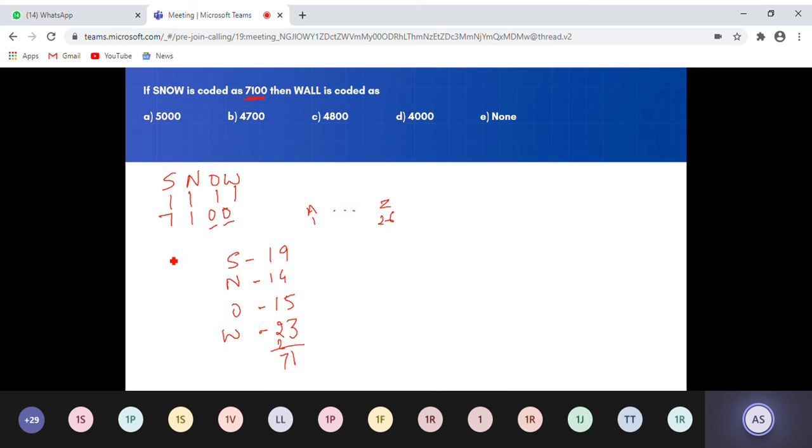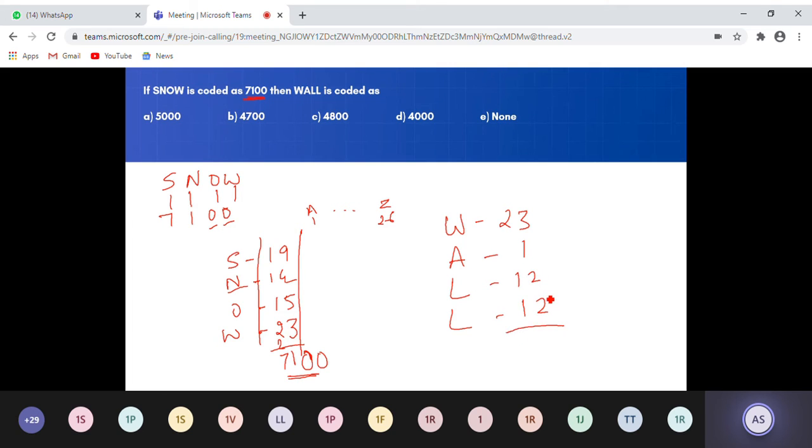So basically they've just added up all the numbers of the alphabets and then added two zeros to it. It would be 7100. So we have been asked for wall. Now solve for wall. You already know W is 23. You know A is 1. From N, you know L will be 12.